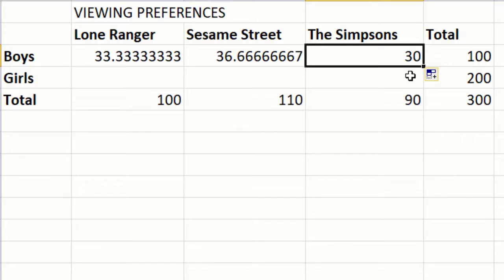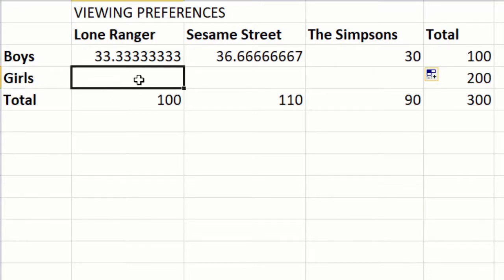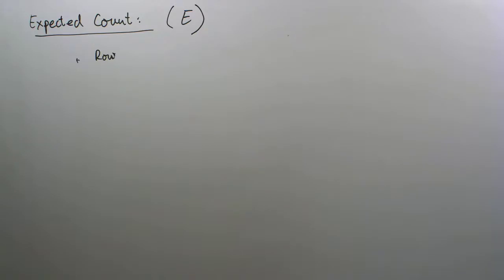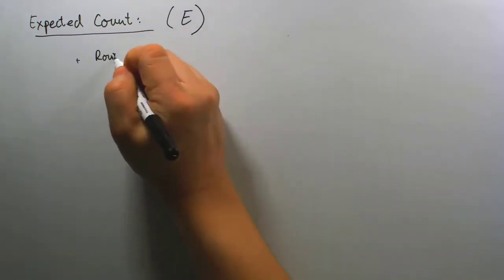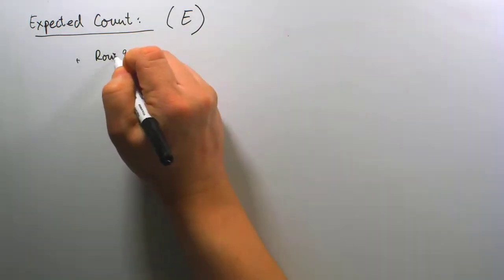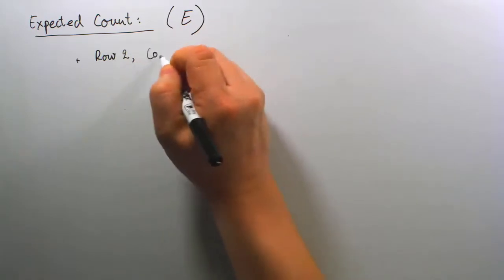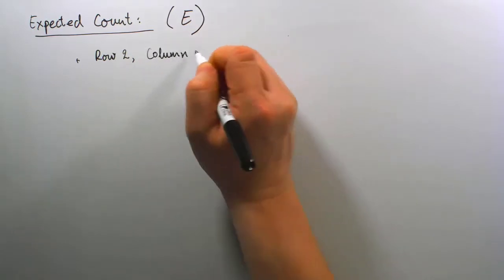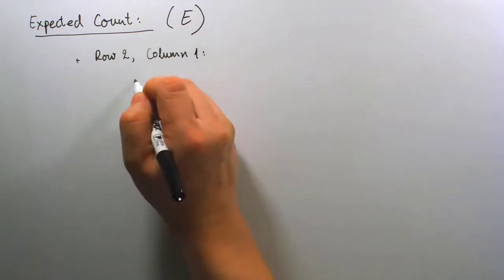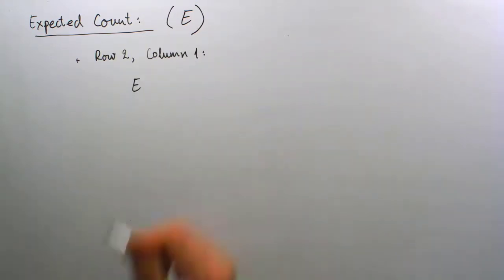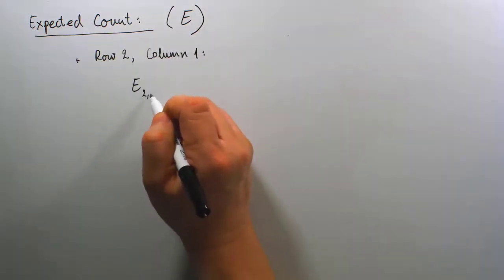And now that we're done with row 1 right here, we can advance to the next row down and return back to column 1. So here we are at entry row 2, column 1. So now on my writing board, for row 2 and column 1, which is what we're heading to, the symbolic expression for that is E21.